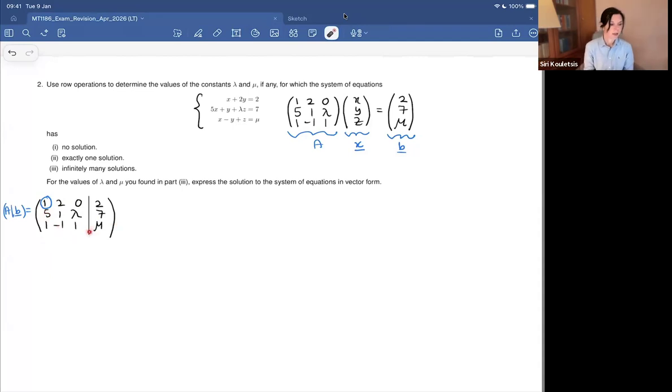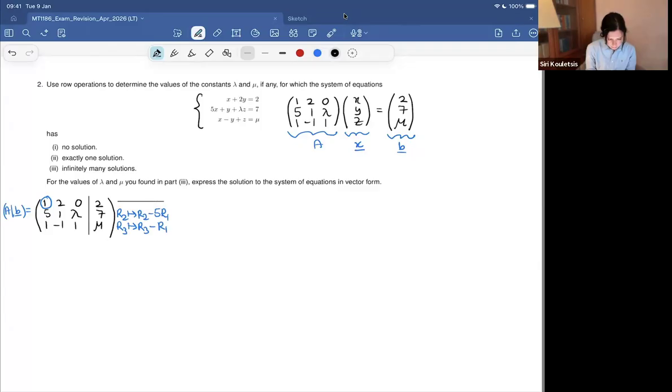But furthermore, for when we want to write out the infinitely many solutions later, I also want to have leading ones wherever I can, and eventually have that matrix in so-called reduced row echelon form. But we'll see that later. For now, just going to start doing row operations. It is useful, I think, to write them down so you can see what you're doing. If you have to go back and correct the calculation, then you immediately see what you've done.